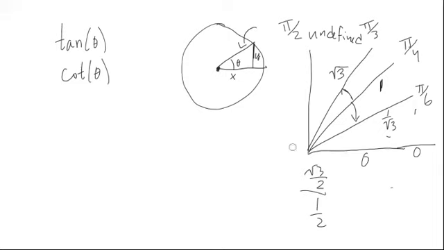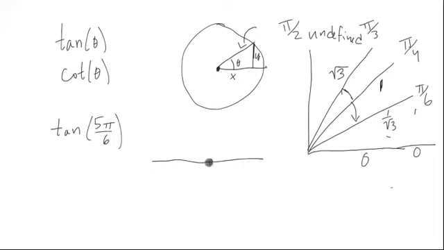Okay, so this kind of gives us a nice sense for how to think about tangent of the different angles. For instance, what if we had the tangent of 5 pi 6? So 5 pi 6 is pi 6 shy of getting all the way to pi.